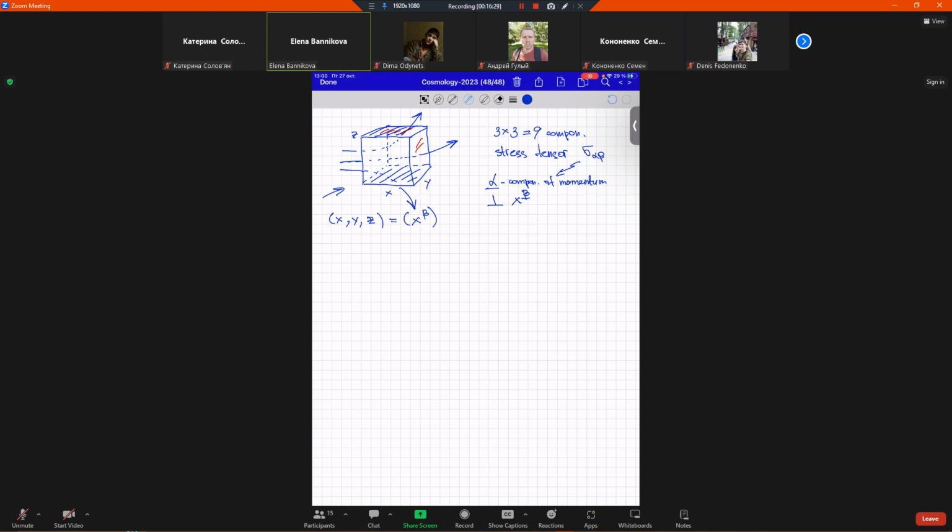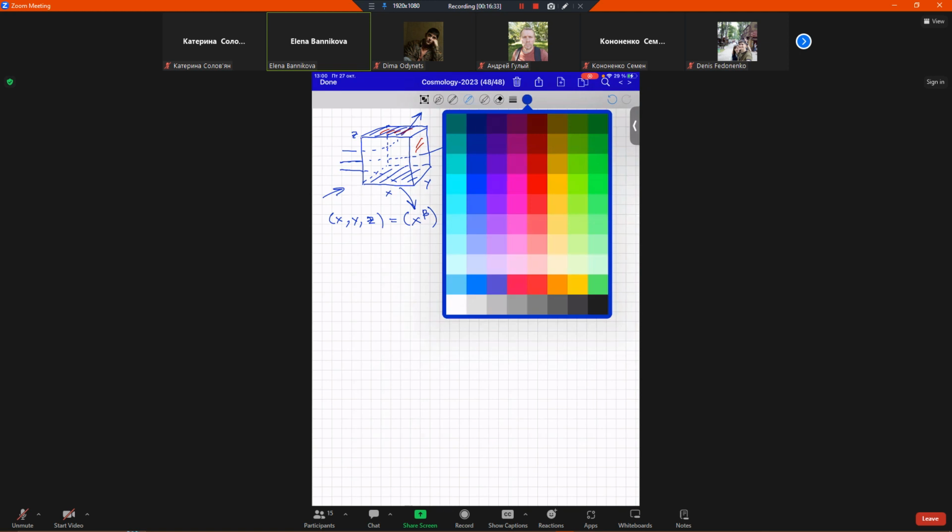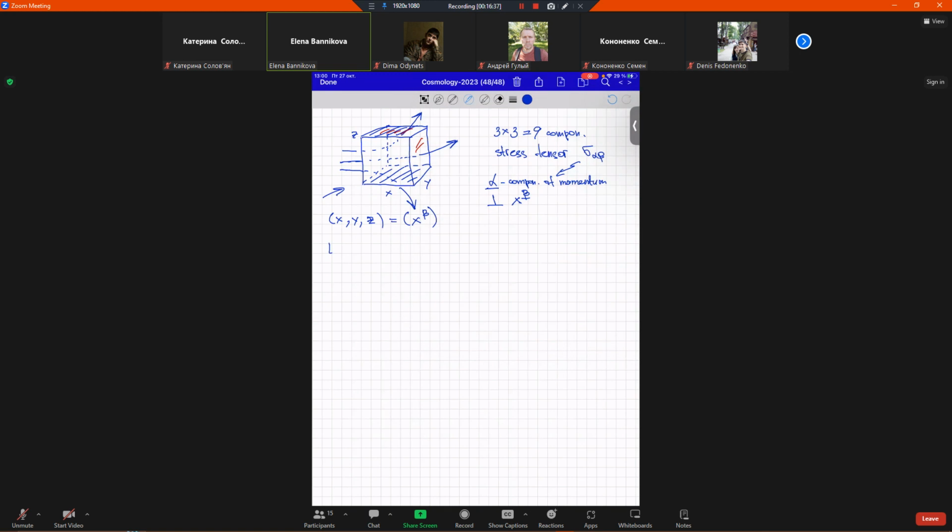So finally, the stress or energy momentum tensor. I put even stress too, to put all components which this tensor has, in the following form.